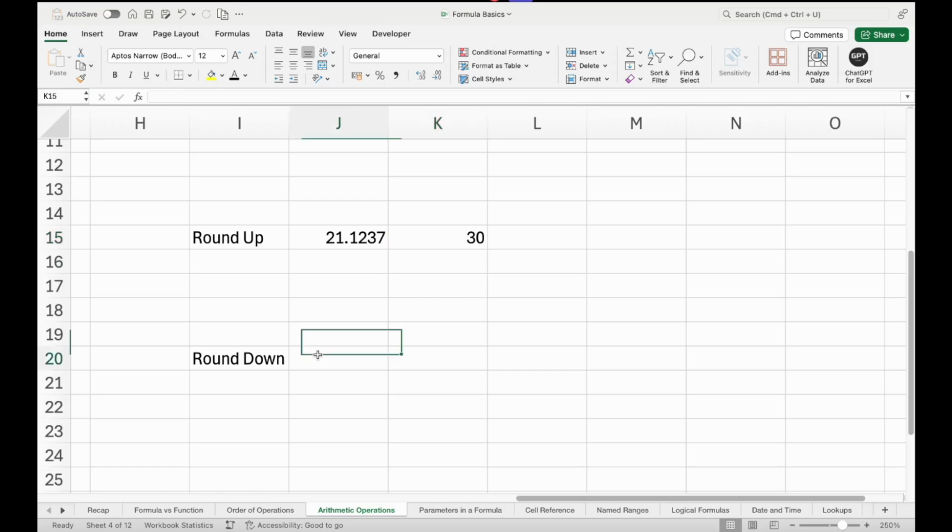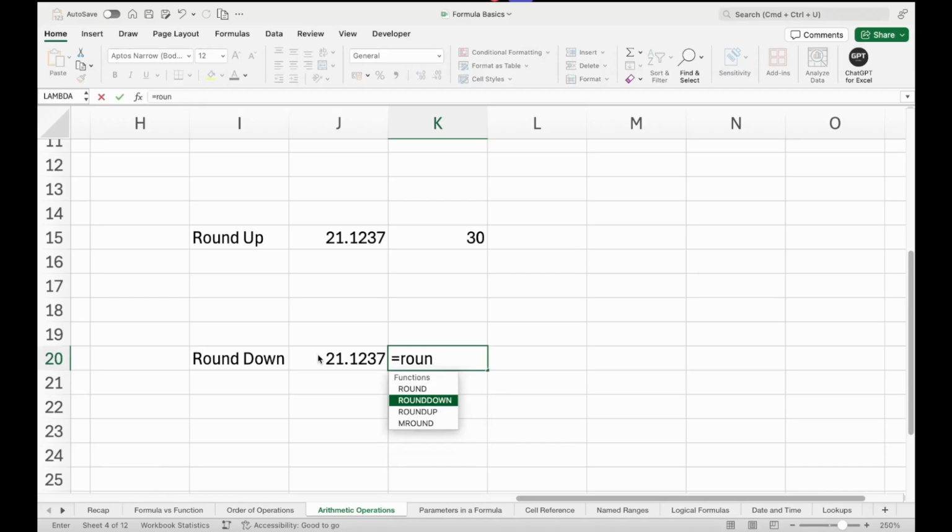Round down, on the other hand, let's say 1, 2, 3, same number. Rounding it down, let's take simply 0, will give us 21. Rounding it down in positive integers, let's say 2. So 1 and 2, it is what it is.